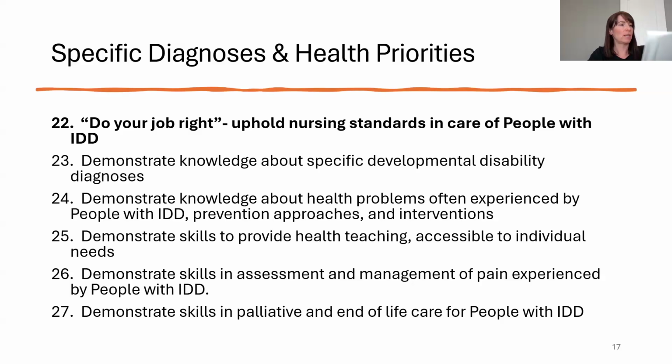The next content theme of specific diagnosis and health priorities generated 6 priorities. And number 22, do your job right, uphold nursing standards. Panelists describe people with IDD as not receiving care from nurses that reflected the general standards, and thus wanted student nurses to do their job right and to diligently uphold the standards when caring for this population.